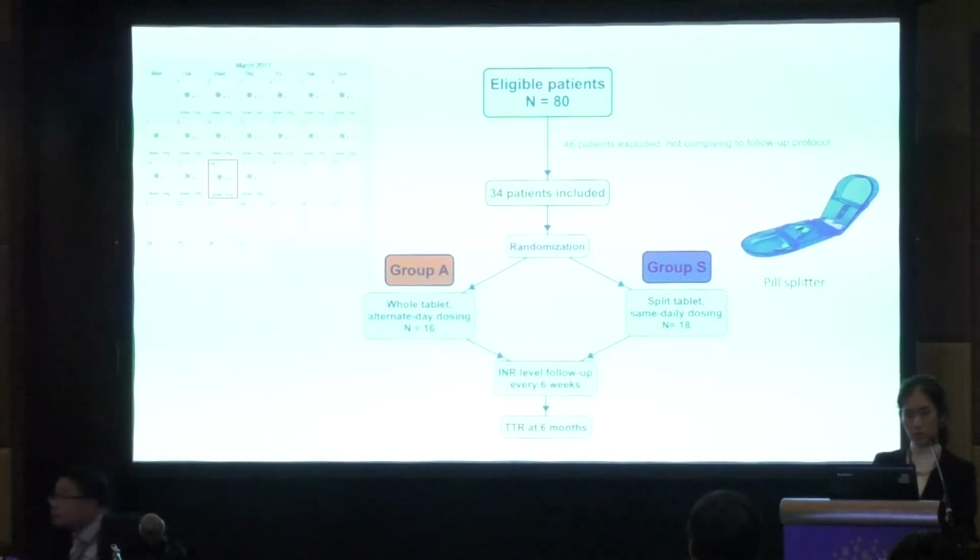Then they would follow the INR every 6 weeks for 6 months. If the INR was out of the therapeutic range without an explainable cause, the dosage was adjusted according to the protocol. After 6 months, the TTR was calculated.